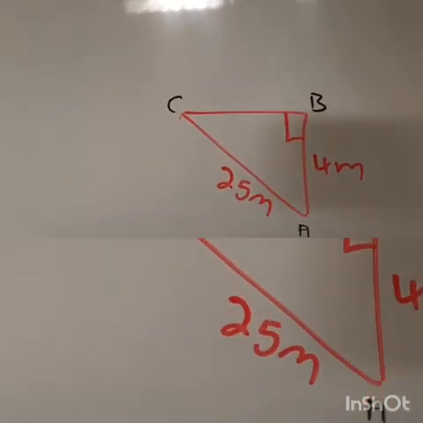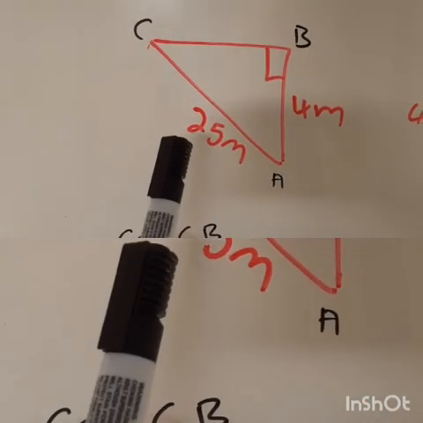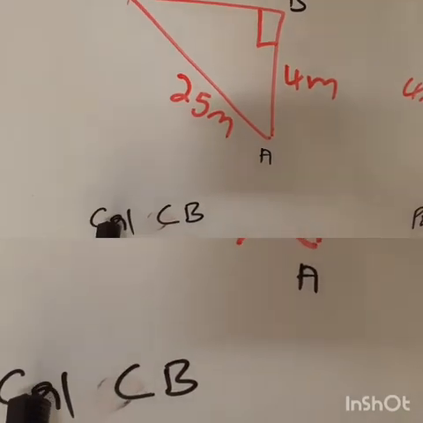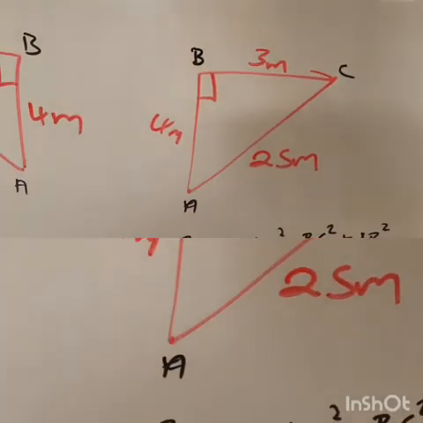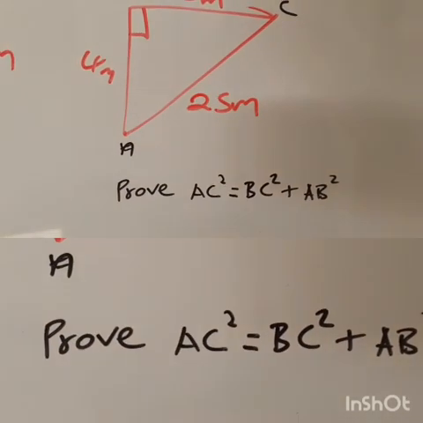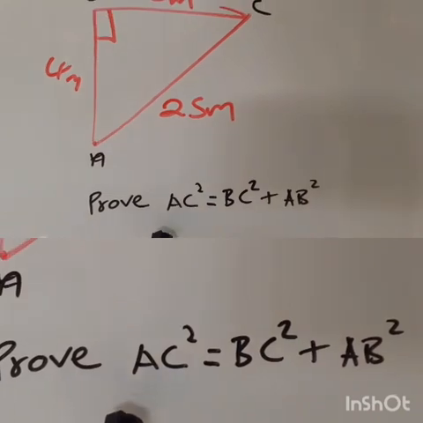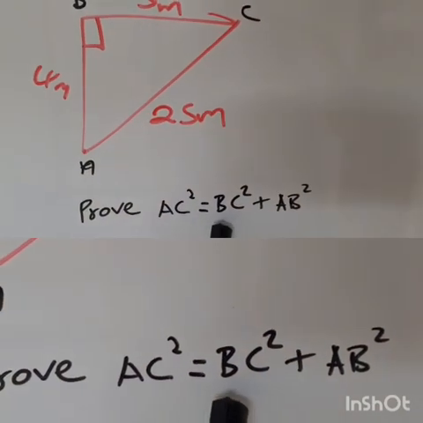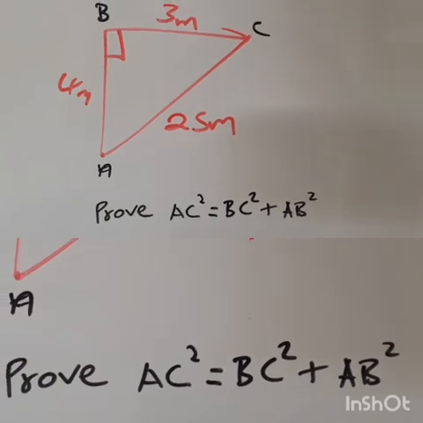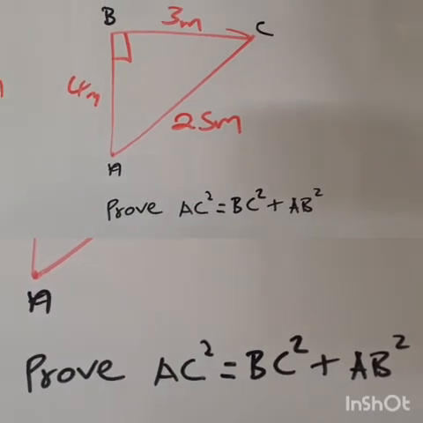In the third example, I'll be calculating for CB. And in the last example, I've been given everything. I only need to prove that AC squared equals BC squared plus AB squared, which means I have to prove the Pythagorean theorem.